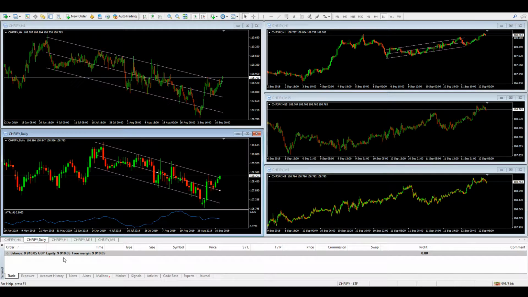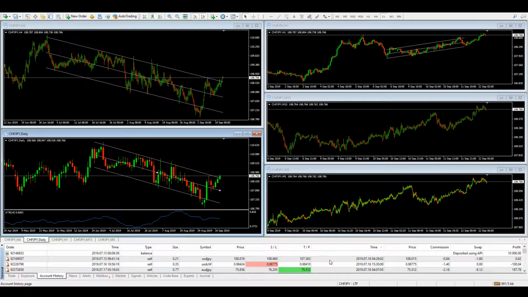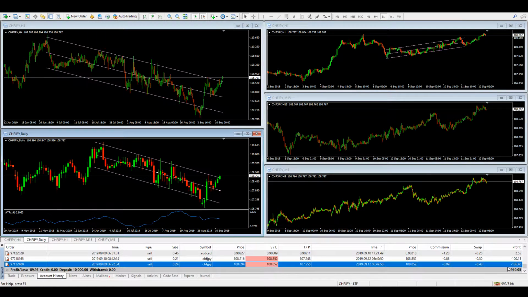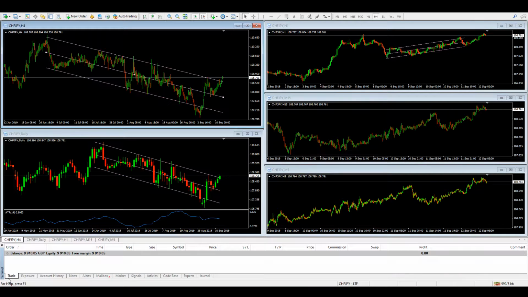CHFJPY. This was a trade that I was in. You'll see here I did take a loss on this. This is another position that overall I was quite happy with the setup. I would take that setup again and again if it occurred, even though it was a loss in this instance. I was happy to go to the upper edge of my threshold of 3%, but as happens, the market didn't go in my favor.